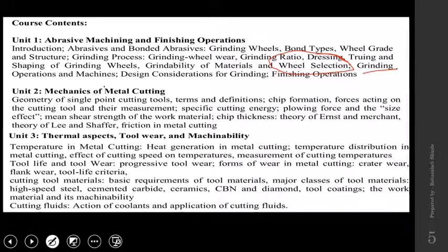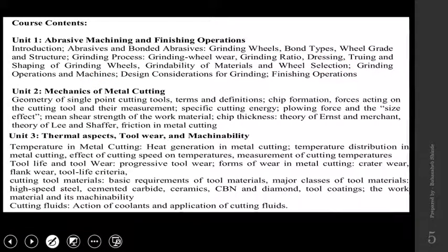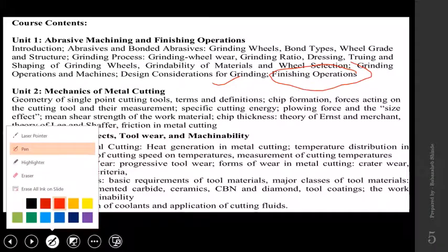Then grinding operation machines, we'll discuss those machines also, and then design considerations for grinding. When you want a grinding operation for a particular application, what things we need to consider, we'll discuss over here. And the last one is the finishing operations.